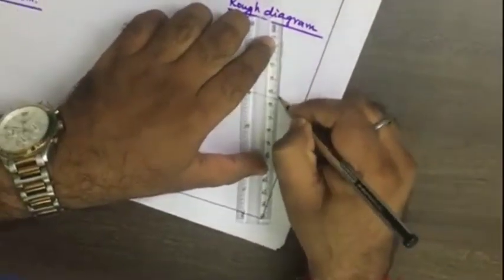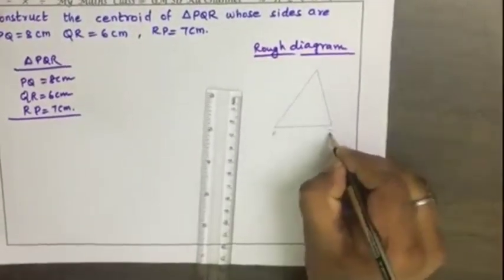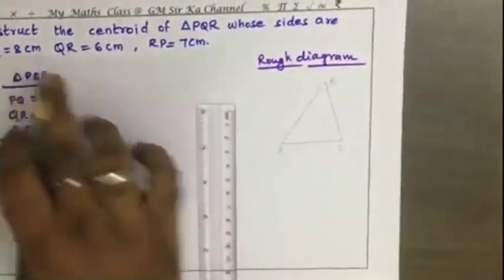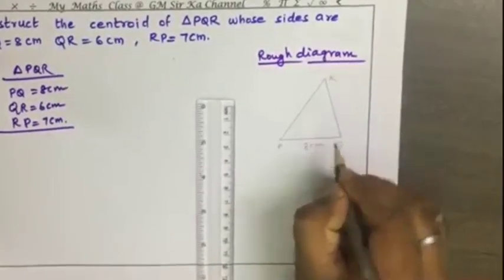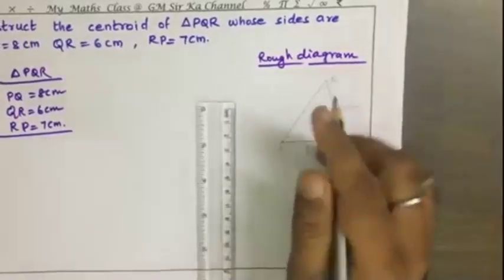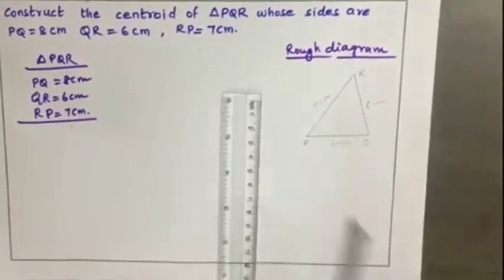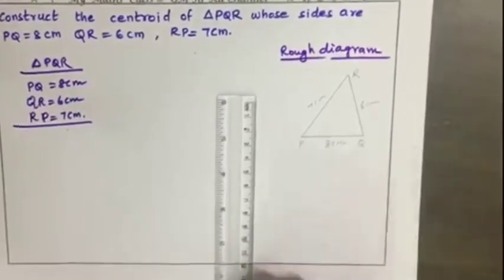Draw only one triangle, PQR. PQ is 8 cm, QR is 6 cm and RP is 7 cm. Okay, it is simple. First we write the given and the rough diagram.